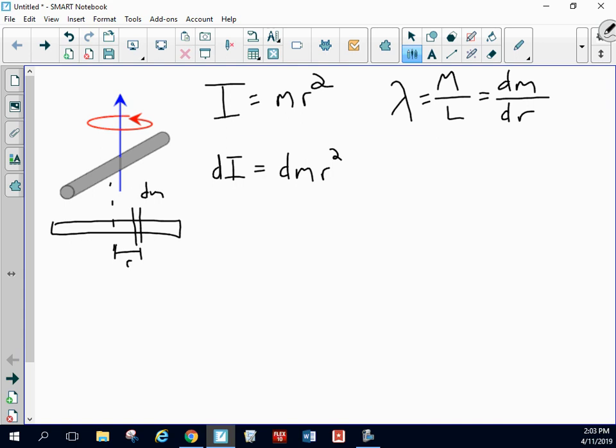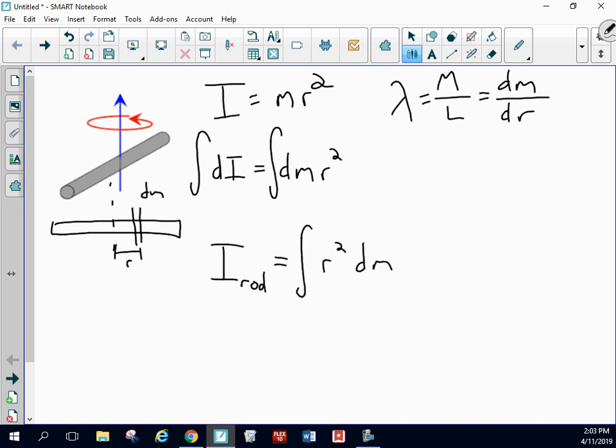If we want to find the moment of inertia of the entire rod, that's going to be summing together those dI's. So the sum of our dI's is the moment of inertia of our rod, and typically we see this written as the integral of r squared dm.